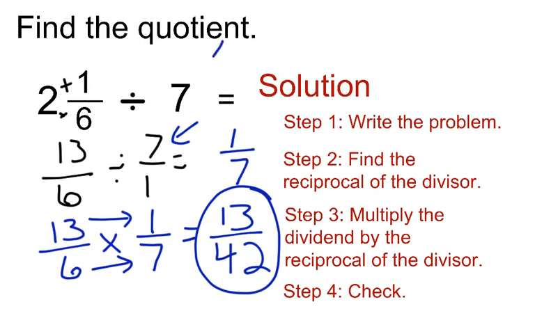So don't let whole numbers confuse you, because some students find that a little bit more challenging, but I've found that students who find it more challenging are kind of overthinking it. So the reciprocal of 7 is 1/7. Don't forget to find the reciprocal. So if you think you might struggle with that, make a little note to yourself in your notes so that you really are thinking more critically about it.